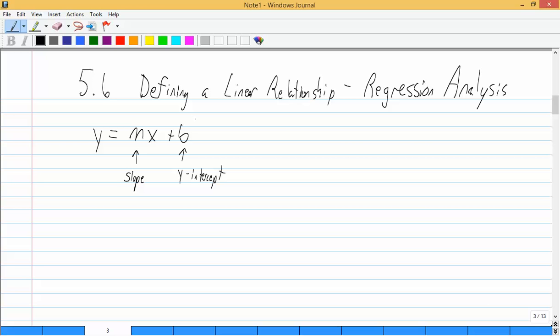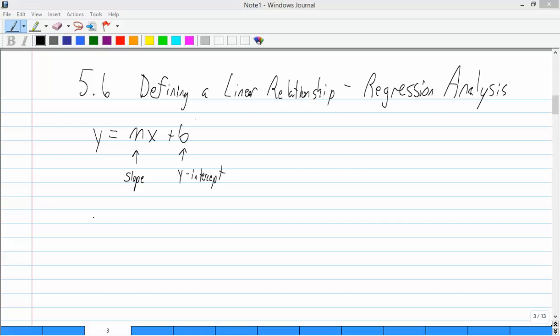Well, in statistics, traditionally, we don't use those same variables. They're not even in the same order. We don't use the m, and we use the b, but we don't call it b, we call it b sub o.